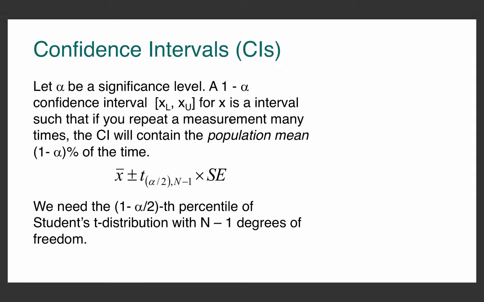It's an interval such that if you repeat a measurement many times, the confidence interval will contain the population mean 1 minus alpha percent of the time. This is how you would calculate it. It's a bit of a mouthful, so it will become more obvious when we do some examples.